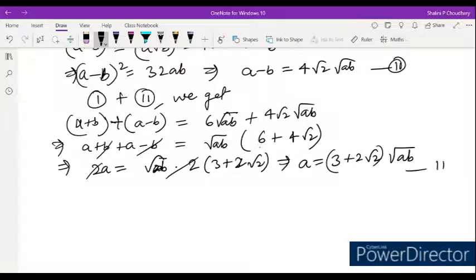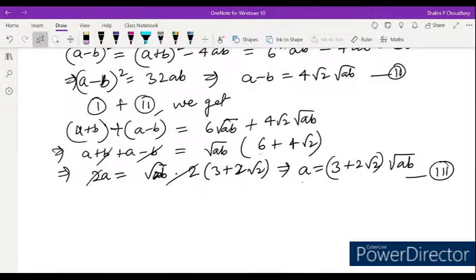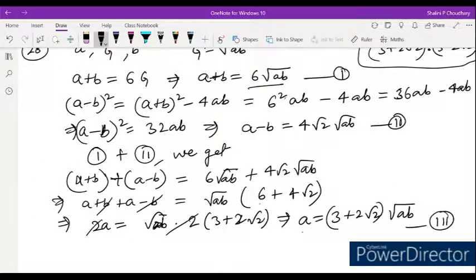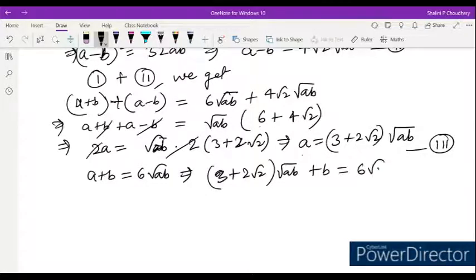This is equation 3. Now, putting the value of A in A plus B or A minus B, we can put it anywhere and we'll get the value. Putting the value of A from equation 3 in equation 1: A plus B is equal to 6 square root of AB. So we put the value of A: 3 plus 2 root 2 into square root of AB plus B is equal to 6 square root of AB.